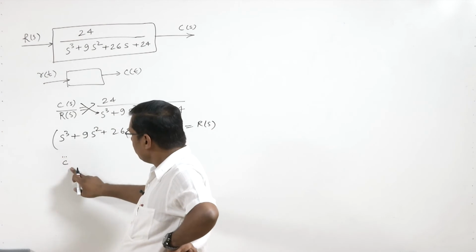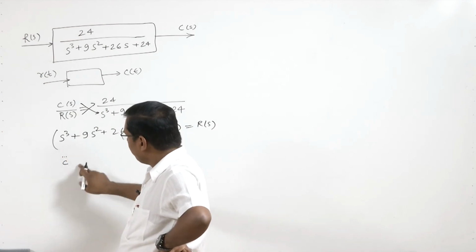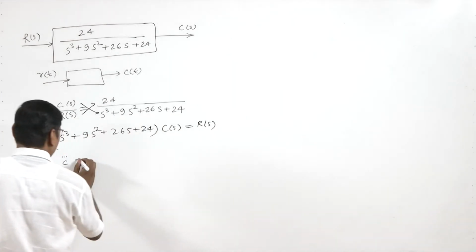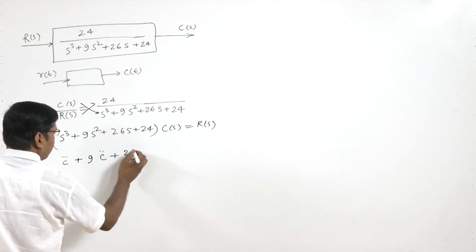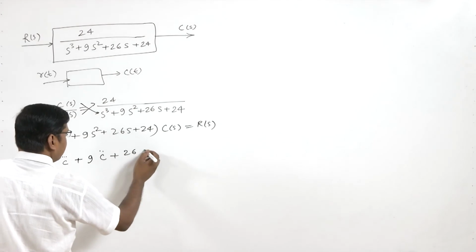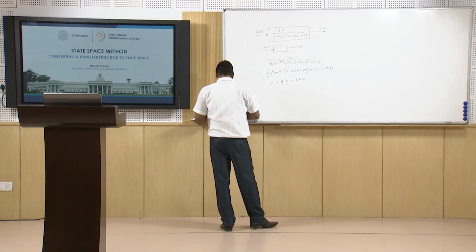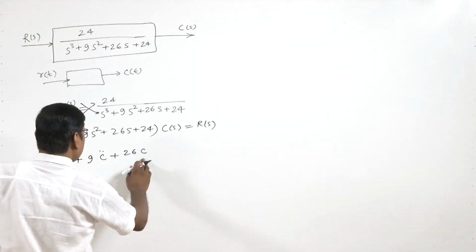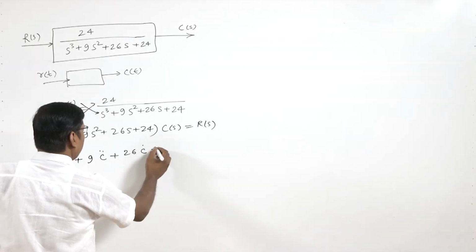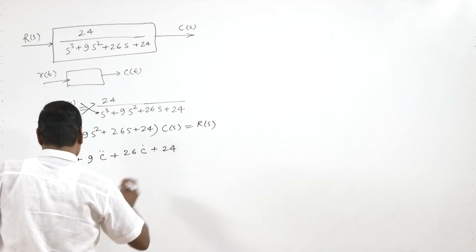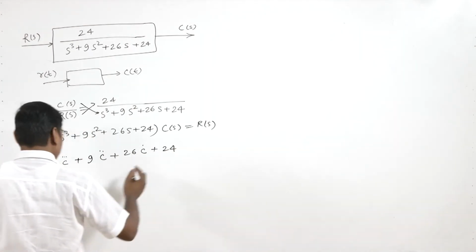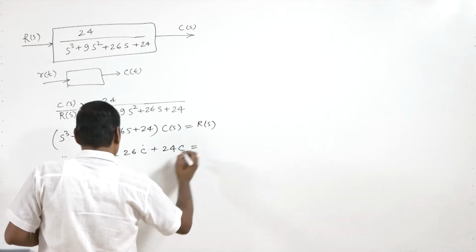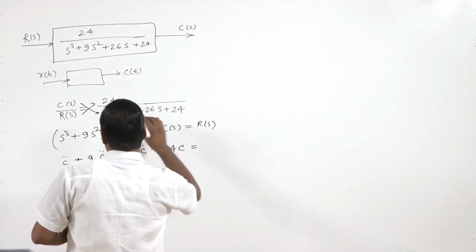So we take the inverse and we get C triple dot plus 9 C double dot plus 26 C dot plus 24 C equal to 24R.